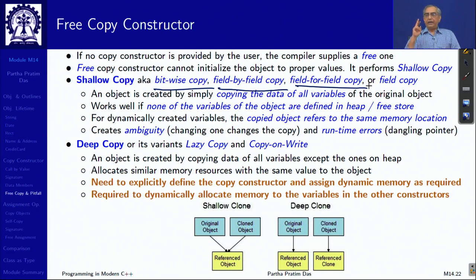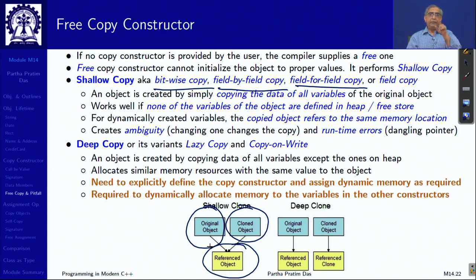So, if you have data members which are just built-in types, which do not have any specific thing to construct, their values will come properly. But if you have some reference variable, some pointer variable which has allocated a location, then what will happen? This is your original object. Now, if you have copied that pointer value, then in your copied object the pointer value will be the same. So, you have two objects having the same pointer values, and they are basically referring to the same object.